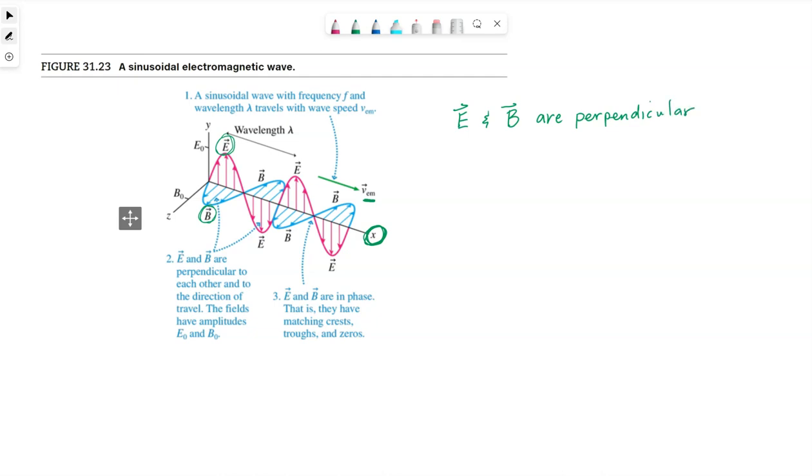In fact, the direction of travel, the velocity, is determined by the direction of the electric field crossed with the magnetic field.